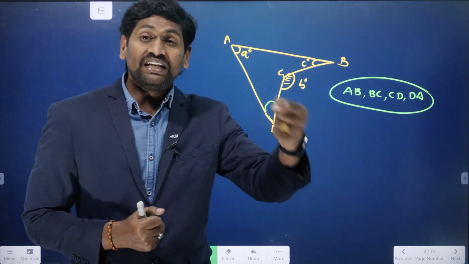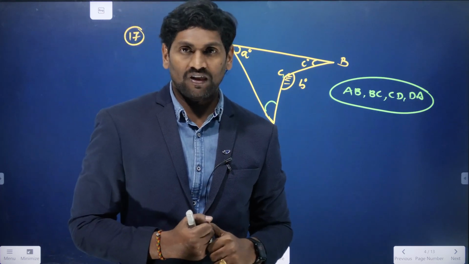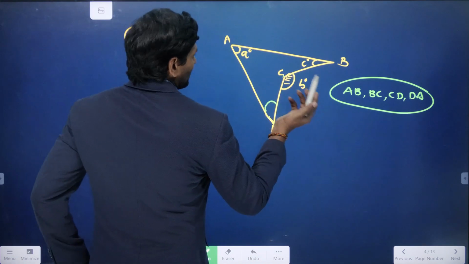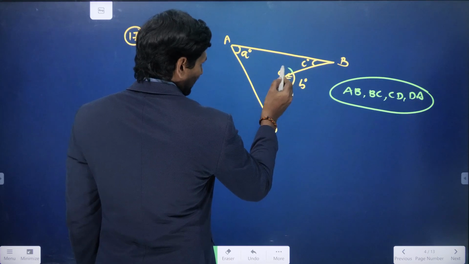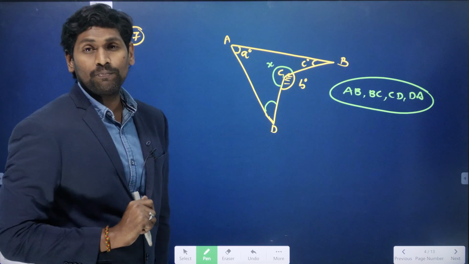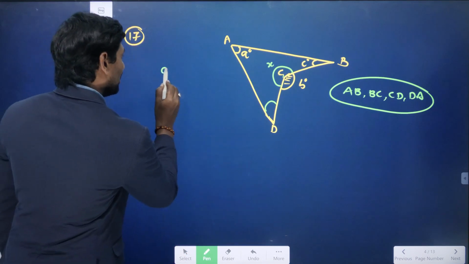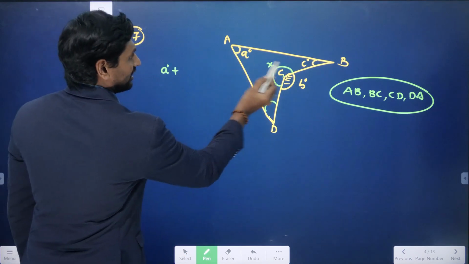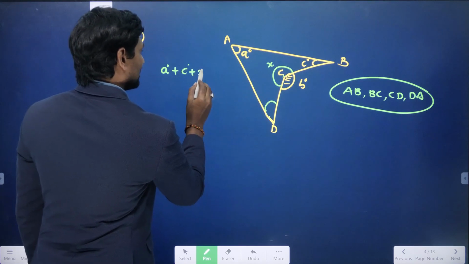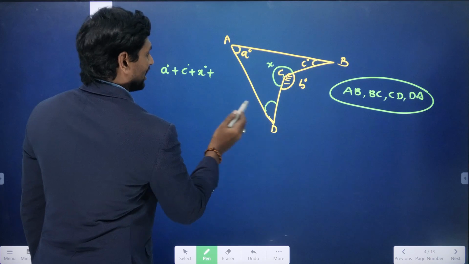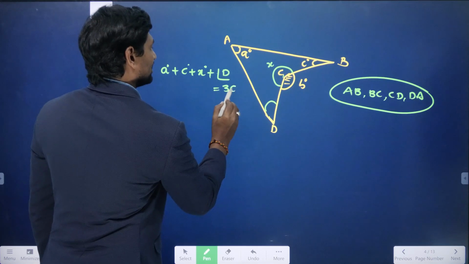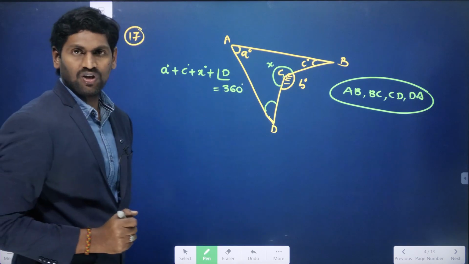Now, I am taking this interior angle as x. By using the property of quadrilateral, angle A, the first interior angle, the second interior angle is C, the third interior angle is X, and the fourth interior angle is capital D, equals 360 degrees. Okay?